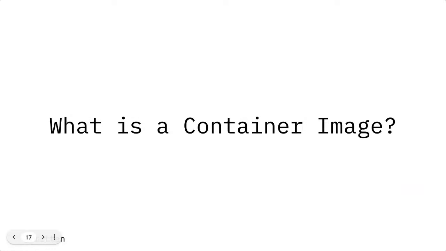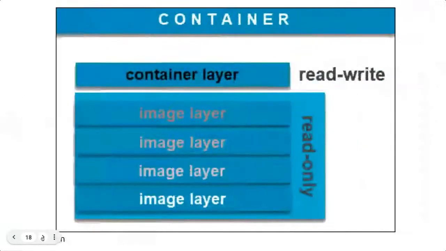So what's a container image? A container image is an unchangeable static file that includes the executable code so it can run an isolated process. It's a lightweight standalone executable package of software that includes everything an application needs to run: the code, the runtime, the system tools, system libraries, settings. Now you might be saying, wait, you just said that was what a container is.